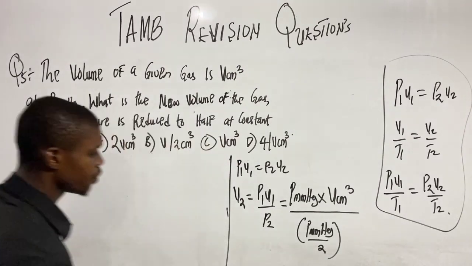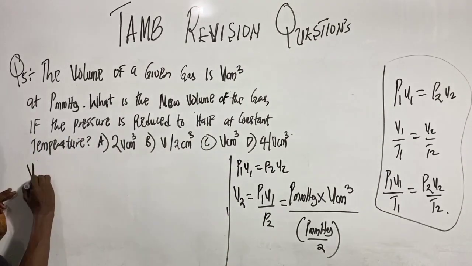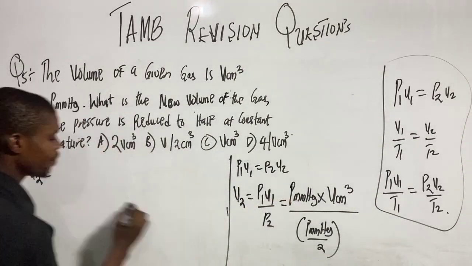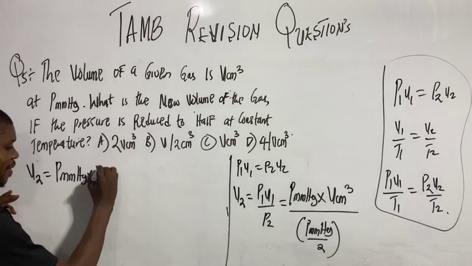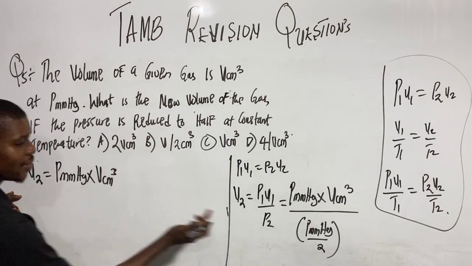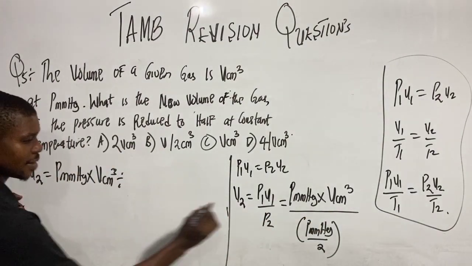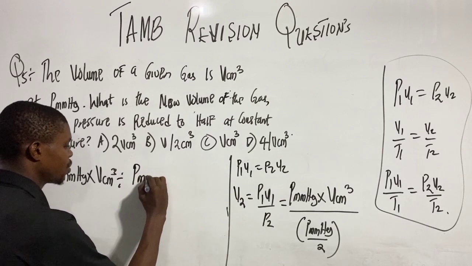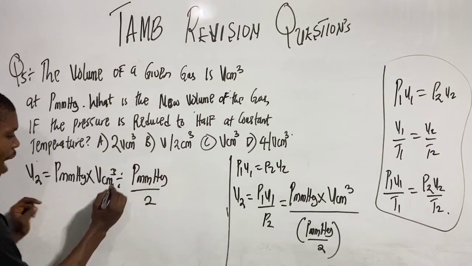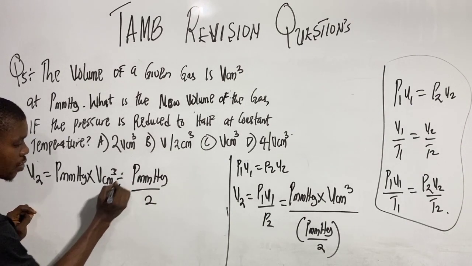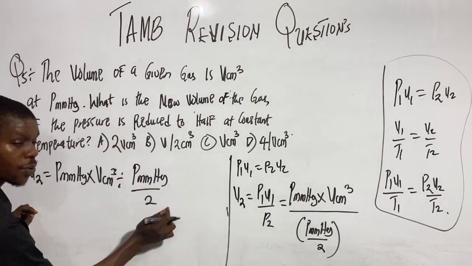So my V2 here is equal to P millimeter mercury times V cm cube, divided by P millimeter mercury over 2. Now I will change the divide to times, so this one goes up and that one comes down.